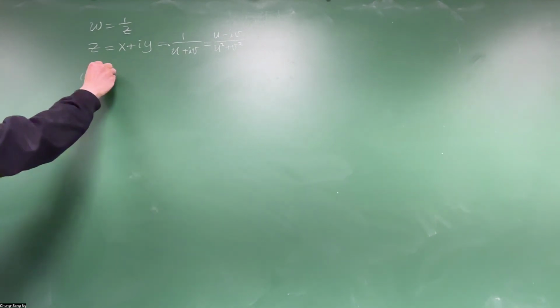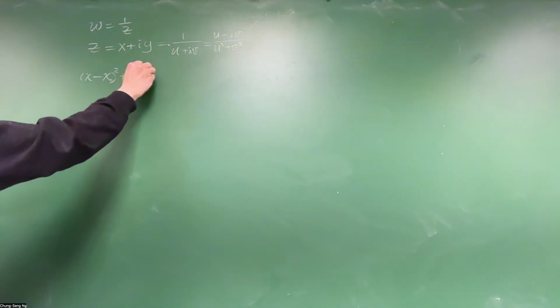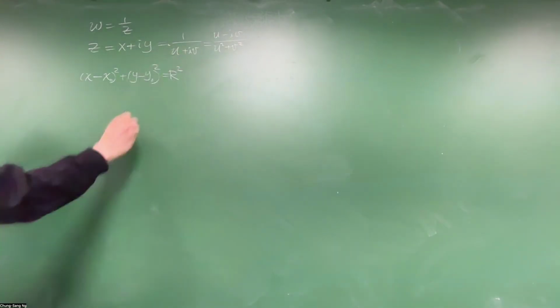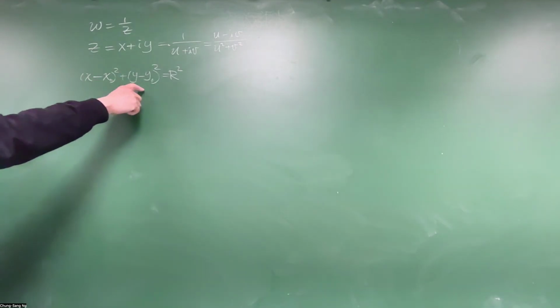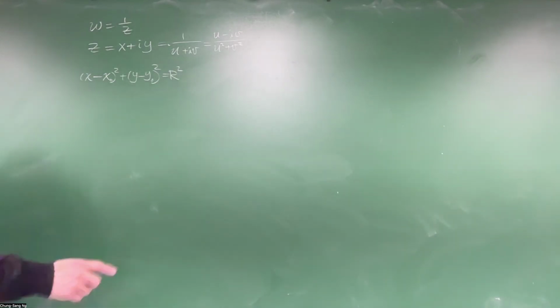Now you consider a circle on the Z plane. Let's give it some names: (X minus X0) squared plus (Y minus Y0) squared is R squared. So if there's a circle on the Z plane, what shape is it transformed to on the W plane?